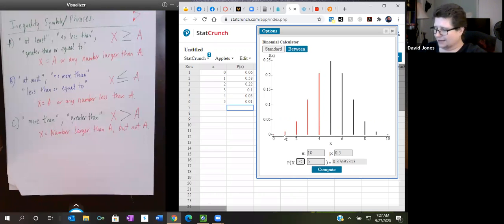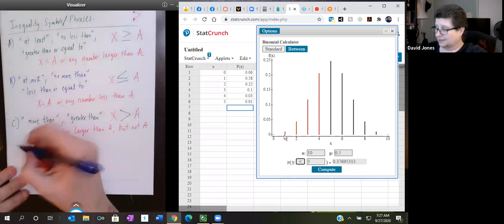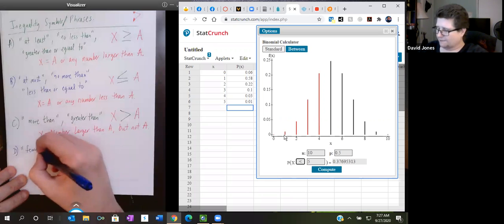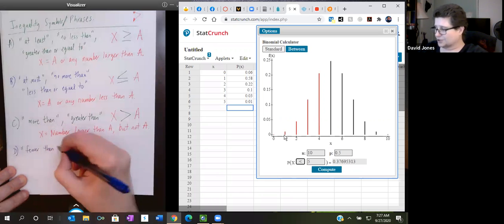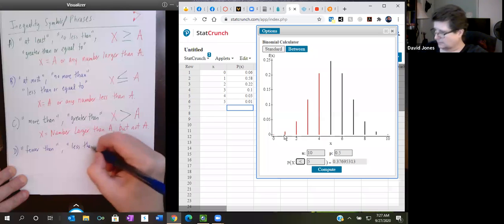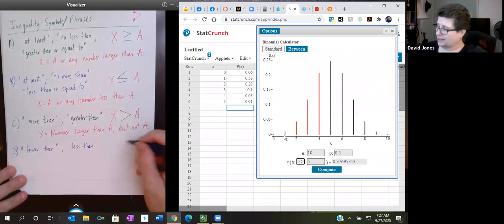Which leads to the final category, the less than. It often says things like fewer than. That's a phrase that shows up, less than. And we have that symbol.